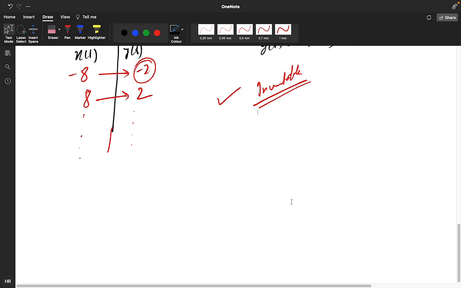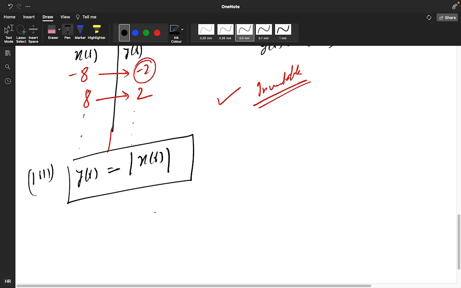What about this? Can anyone tell me? Is this invertible or non-invertible? y of t is equal to mod x of t. Even if you give -2 as input, you will get output 2.